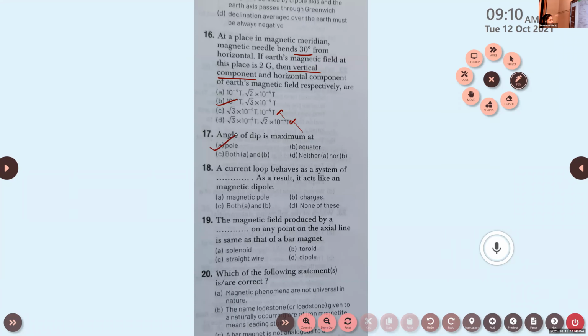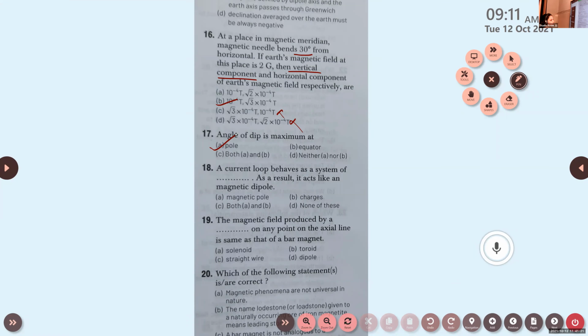Option A. Why is the angle of dip maximum at the pole? Is there any particular reason? The angle of declination is larger. It is 90 degree. That is right.